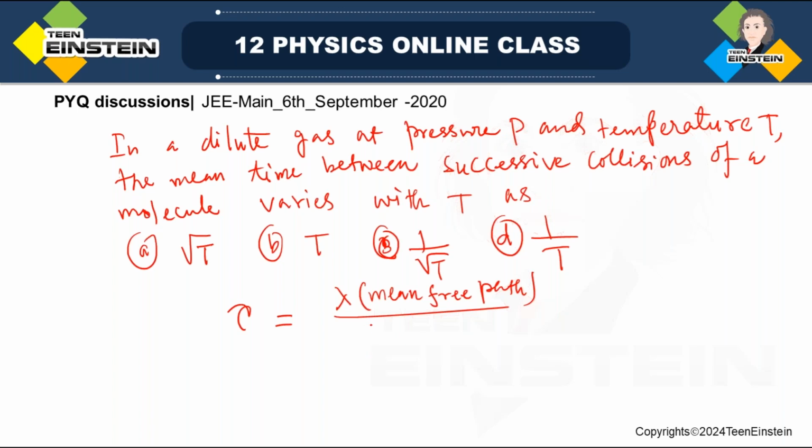Average velocity or RMS velocity, you take RMS velocity itself. Now we have to see the expressions. Actually, this is a memory based question.